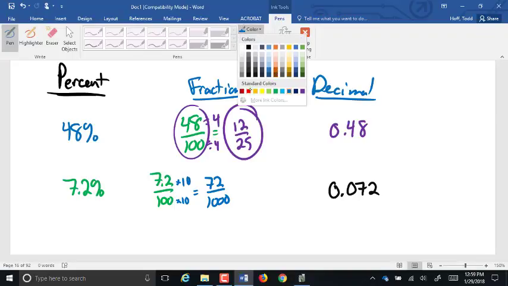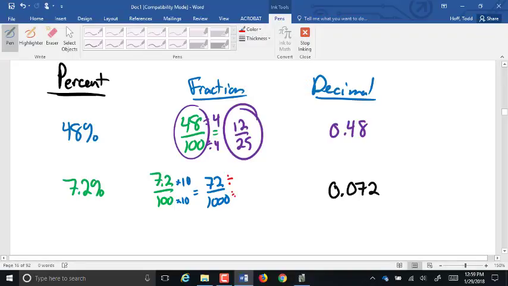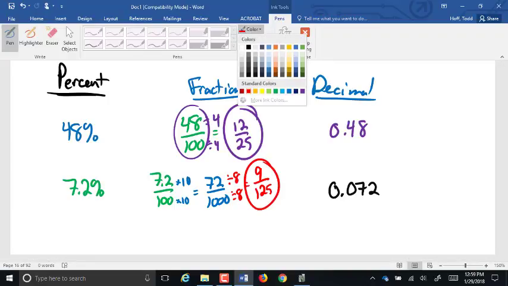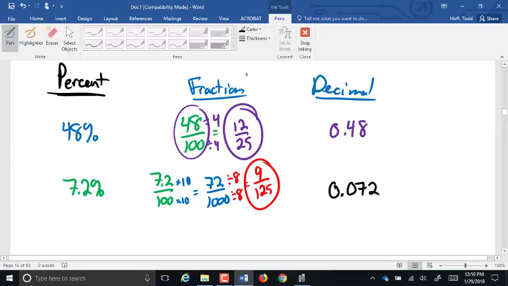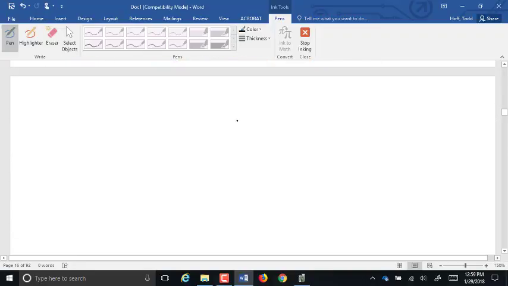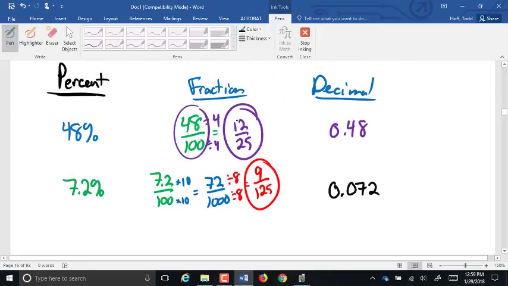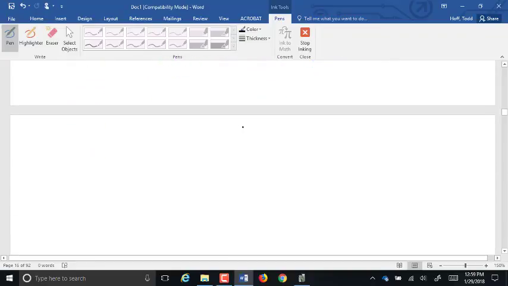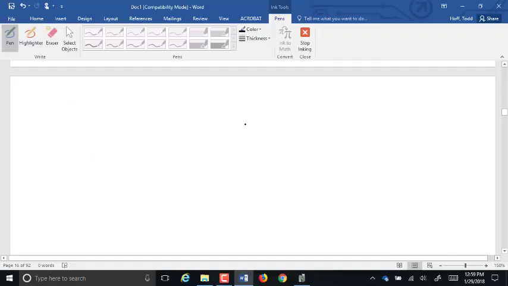Now, of course, that can reduce by, both of those divide by 8. Gives you 9 over 125. You guys have any questions with converting fractions and decimals? We're good? Okay.